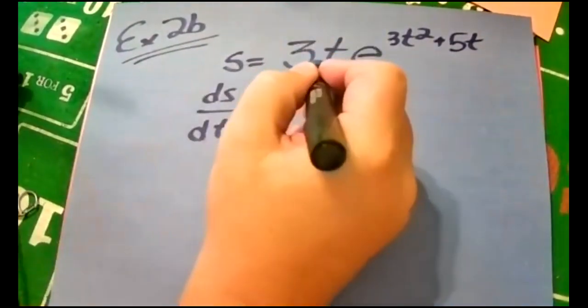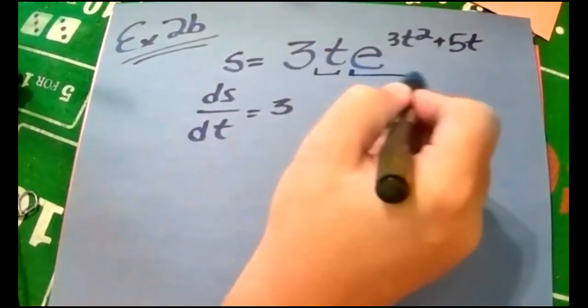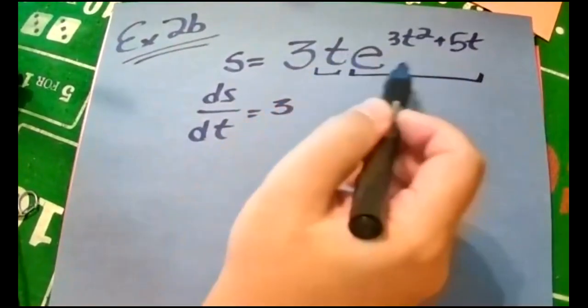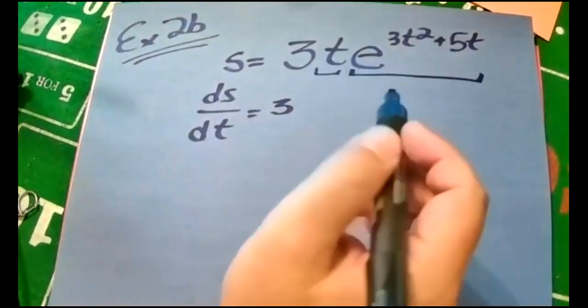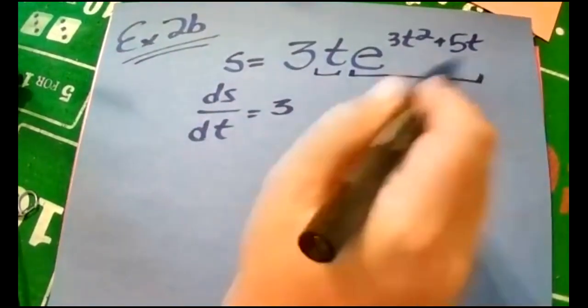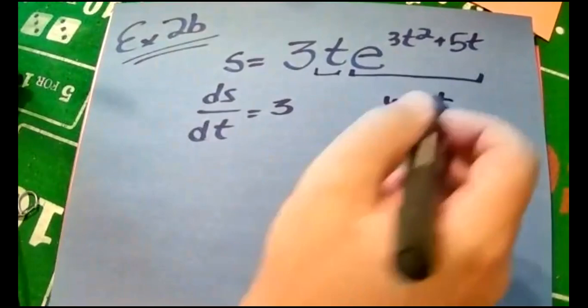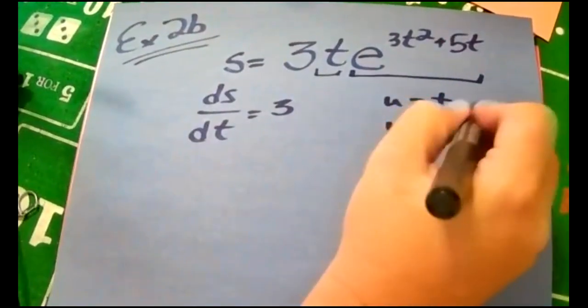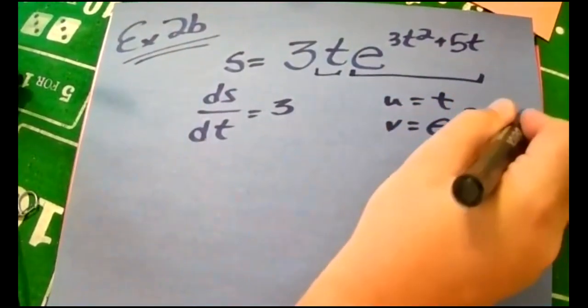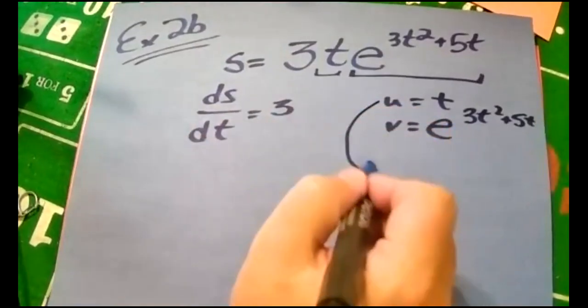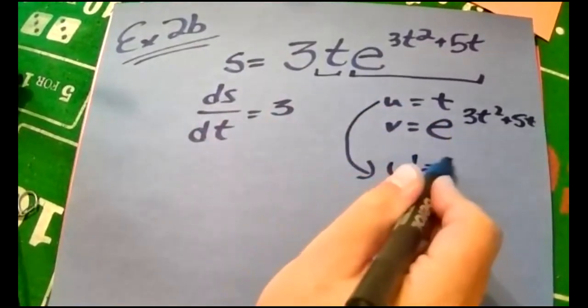Notice in this case we have a product rule. We have the product of t times this. So let's do u equals t, v equals e to the 3t squared plus 5t. So that means that the derivative u prime is 1.